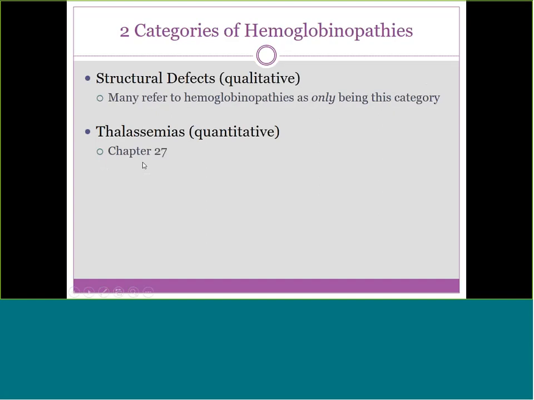It's 28. So that'll be in the next chapter, the thalassemias. Truly, when you think about hemoglobinopathies, the true category they belong in would be more the structural defects. That's the disease part. But thalassemias are definitely still involving hemoglobin molecules, and those would still be a quantitative lack of them. So we'll learn that in the next one.